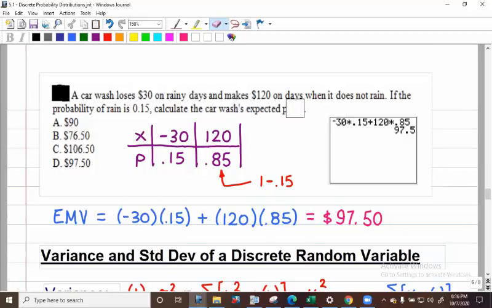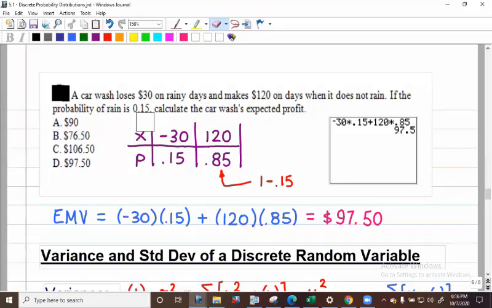But anyway, if the probability that it rains is 0.15, calculate the car wash's expected profit or loss. But they told us it was profit, so we are expecting this to be a positive number. Now, notice they didn't tell us the probability of it not raining. Well, we're going to use that complement idea that we learned early on in probability.